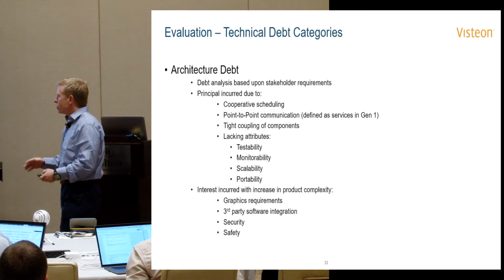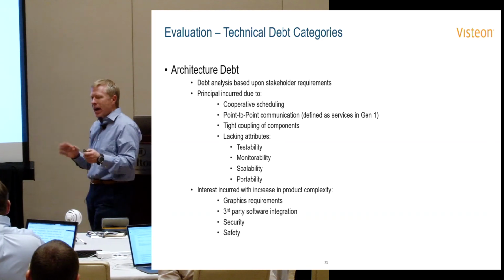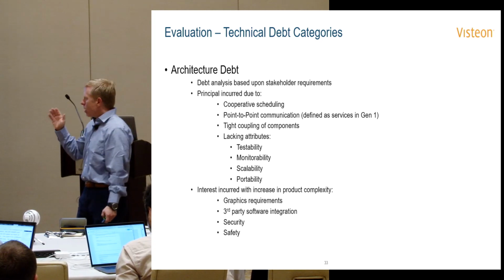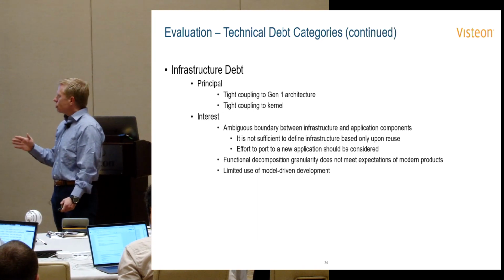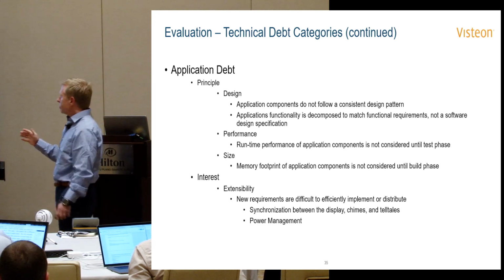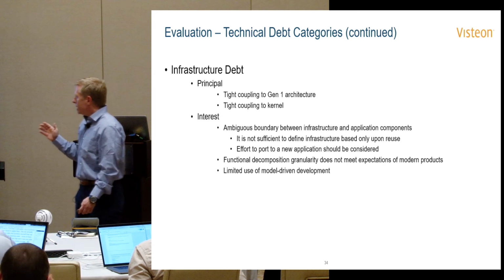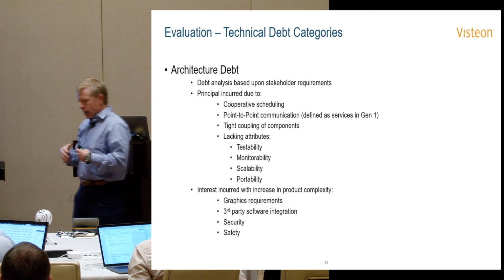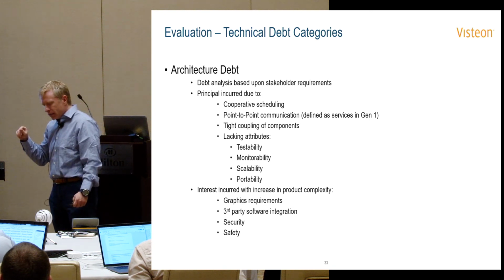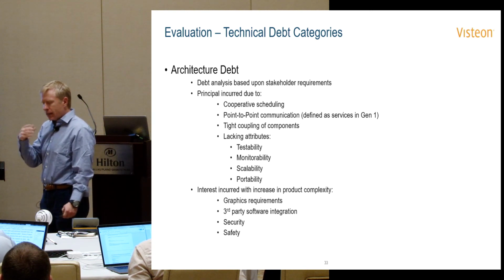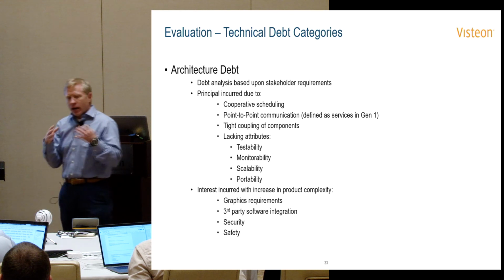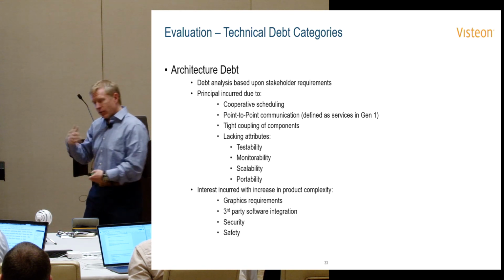Okay, so where did we end up? Again, we categorized the debt in 3 ways: architecture debt, infrastructure debt, and application debt. And the idea was, based off those stakeholder requirements, we took each one of them and decided, where is the root cause of this? Is it from architecture?